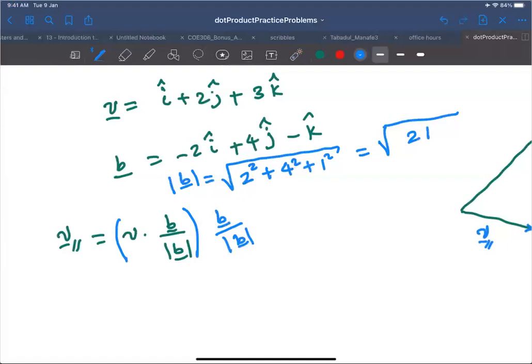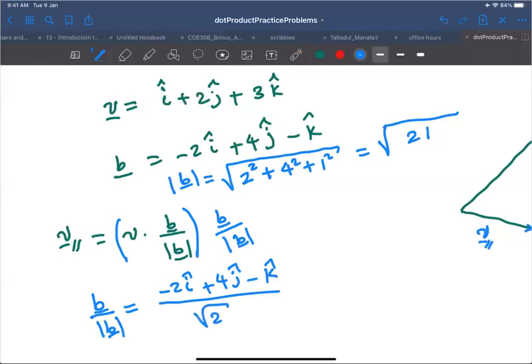So the unit vector in the direction of B is going to be B divided by the magnitude of B, which is basically minus 2I plus 4J minus K divided by square root of 21.